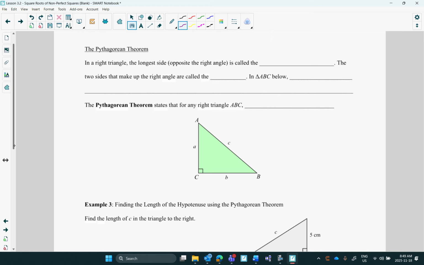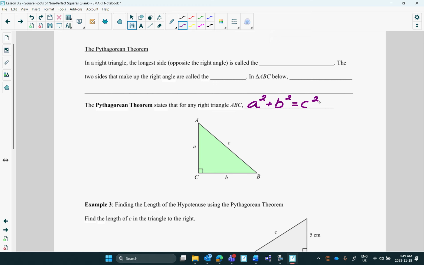Anyway, do you remember what this formula is? A squared plus b squared makes c squared. Right. Okay. So the Pythagorean theorem states for any right triangle, one of the legs squared plus the other leg squared will equal the longest side squared.